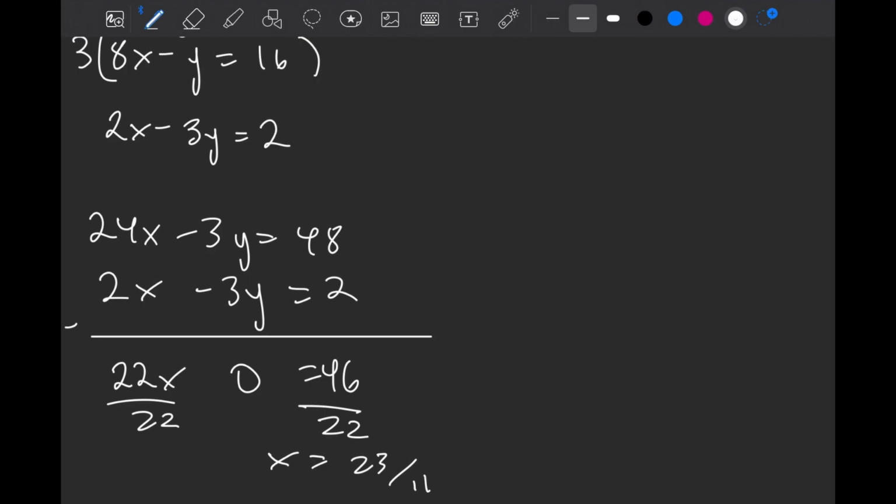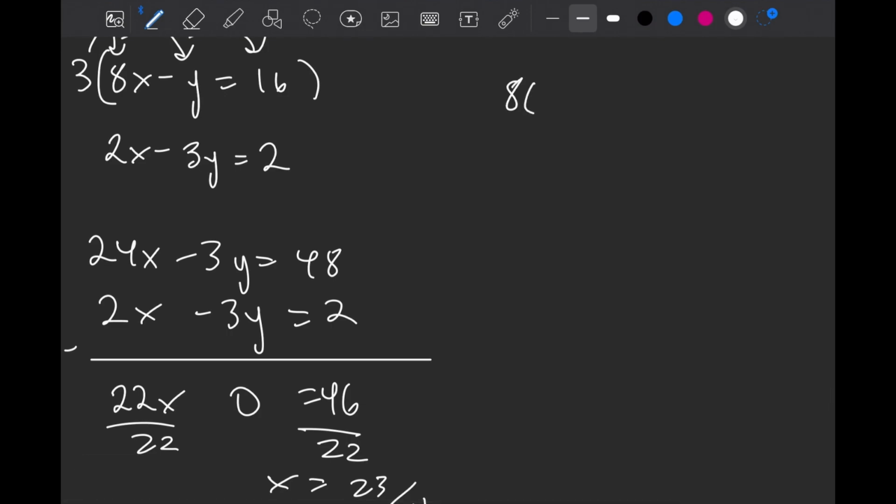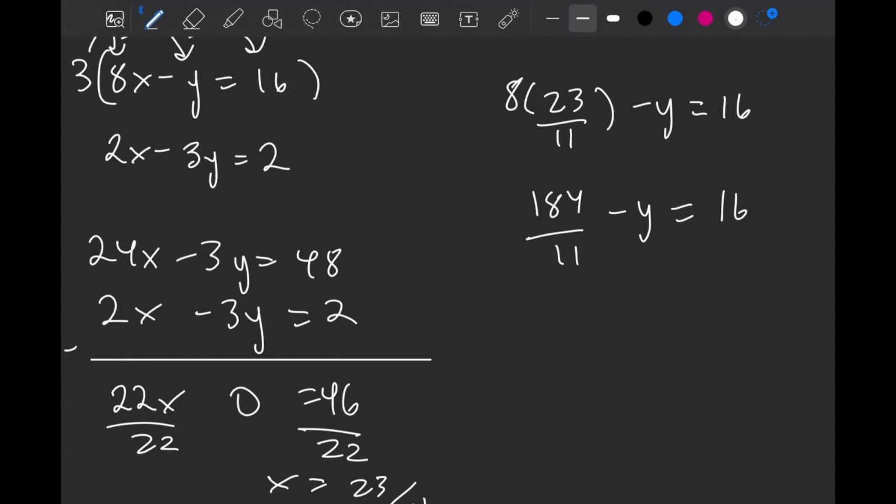Then I just go into one of the equations. So I'm going to do 8 times 23 over 11, substituted in for x, minus y is equal to 16. If I multiply this in, I'll get 184 over 11 minus y is equal to 16. Then I'm going to move that over, and I'll have minus y is equal to 16 minus 184 over 11.